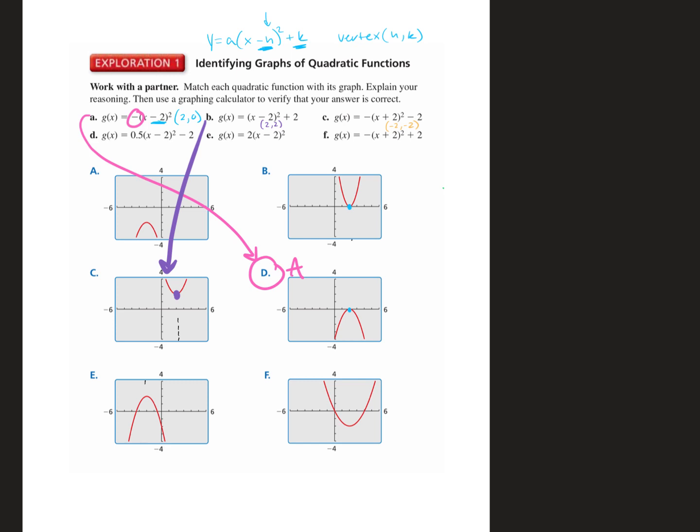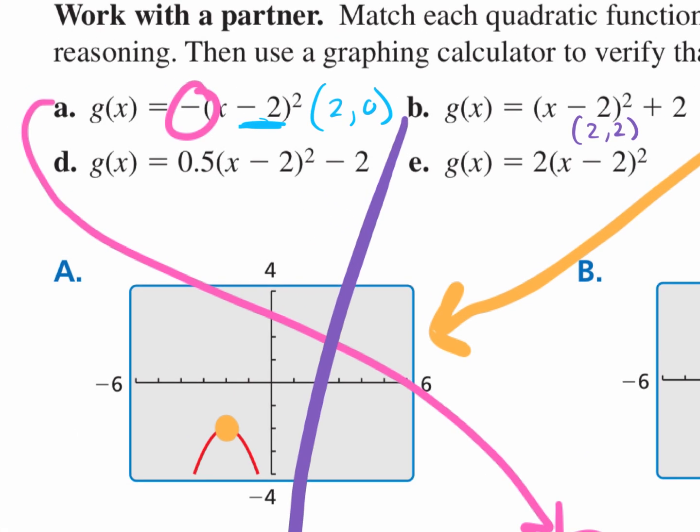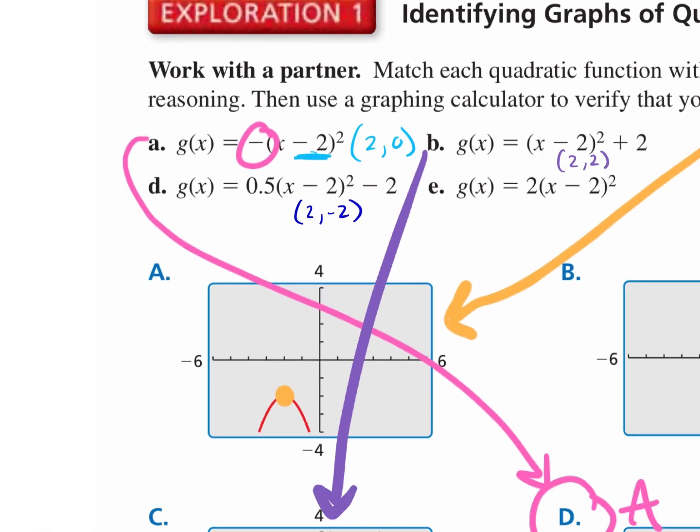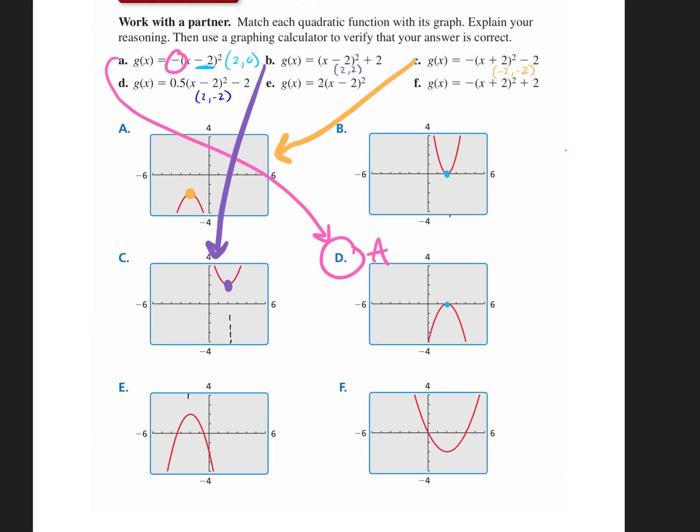Which one goes to the left 2 and down 2? That would be A, and that's the only one. So C would go with A. Next, for D, my vertex here is (2, -2). We have to see which graph goes to the right 2 and down 2. That would be F, the only one that does. So D goes with F.